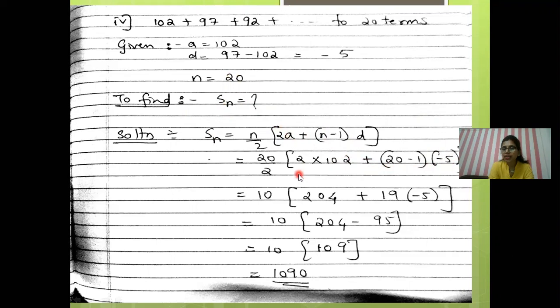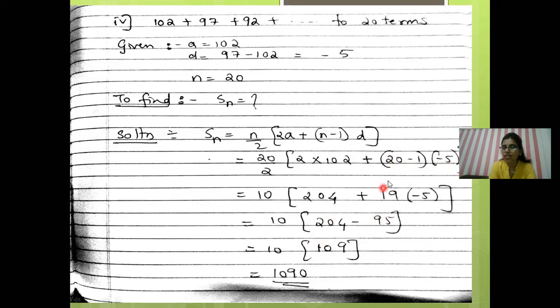Now again, as I'm repeating, you're going to follow BODMAS when you are solving this sum. So first you're going to solve this bracket. Inside the bracket also you're going to solve this small bracket first. 20 minus 1 is 19. Now 19 you're going to multiply by minus 5, you get minus 95. 204 minus 95, you get 109.